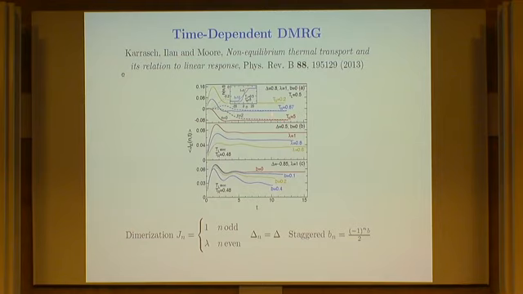Okay? These other plots are showing what happens if you add additional perturbations that break integrability. They're adding dimerization or staggered magnetic fields. You can see that if you really break integrability quite badly, then you don't approach a steady state at late times, as you would expect.